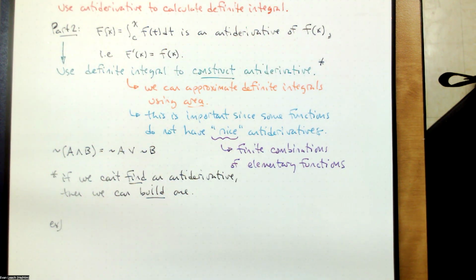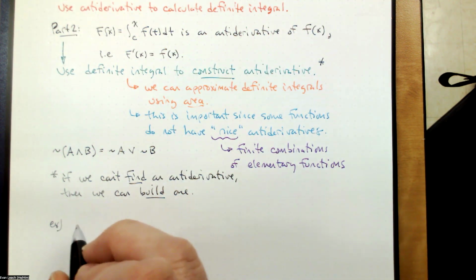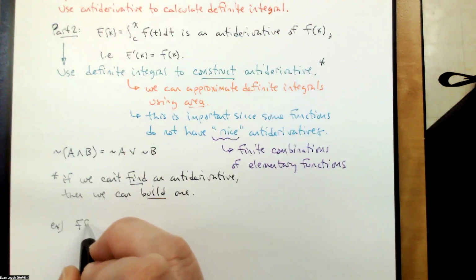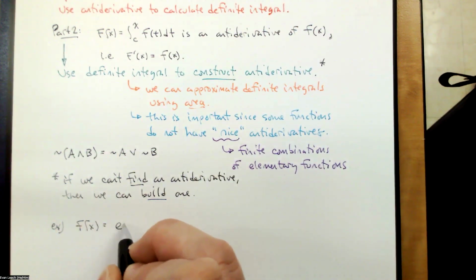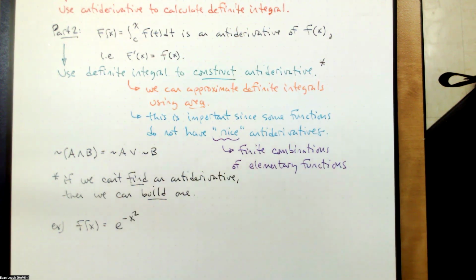So, for example, some extremely important functions do not have antiderivatives. For example, e to the negative x squared is not the derivative of anything.